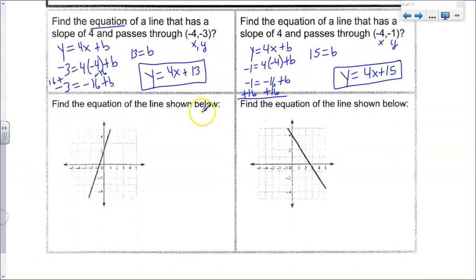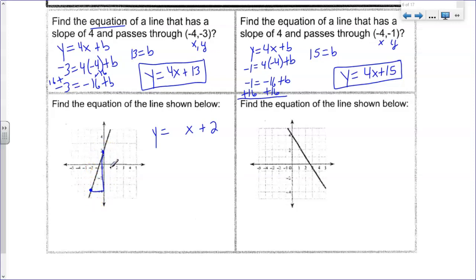Okay, find the equation of the line shown below. So a lot of times when we have the graph, like here, we know the y-intercept. It's 2. So we already know that we can put plus 2. And now we need to find the slope. So I'm just going to use this point. You could use any point as long as there were points there.